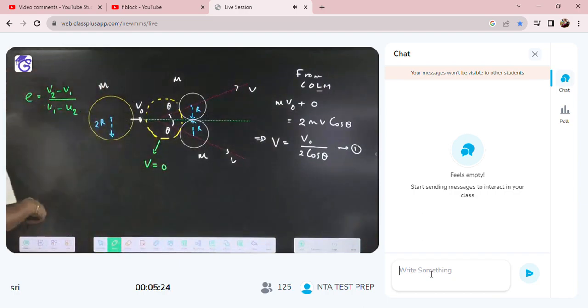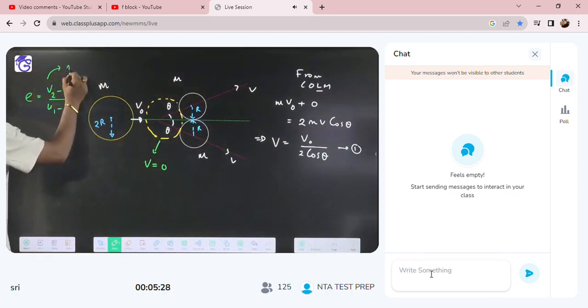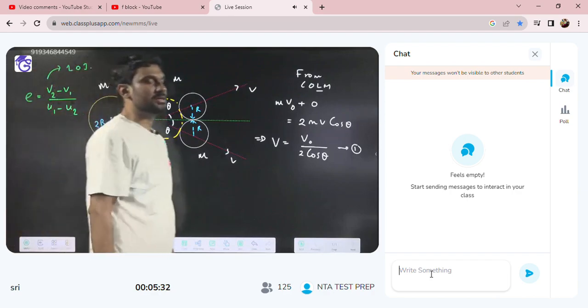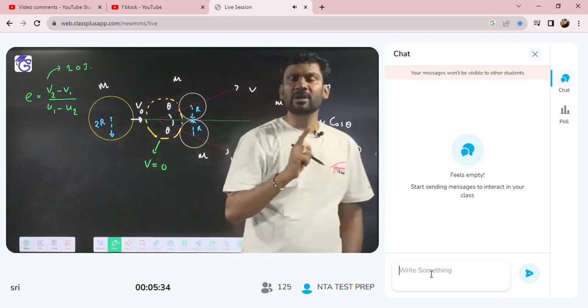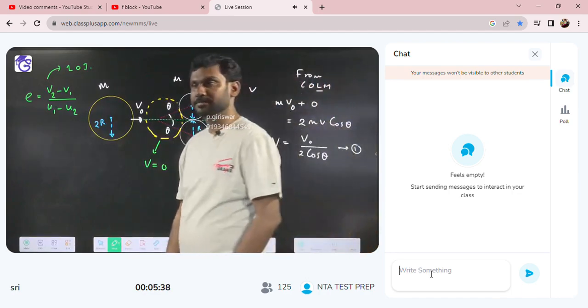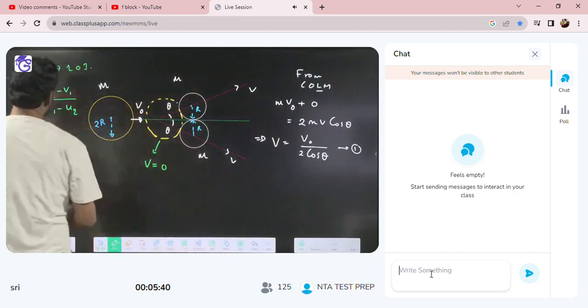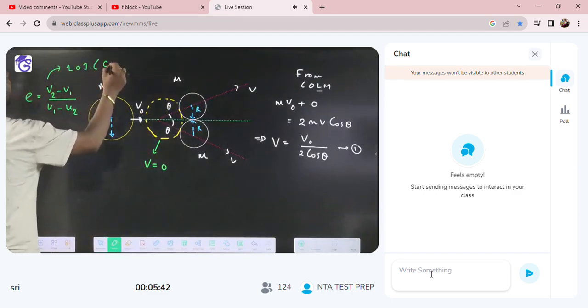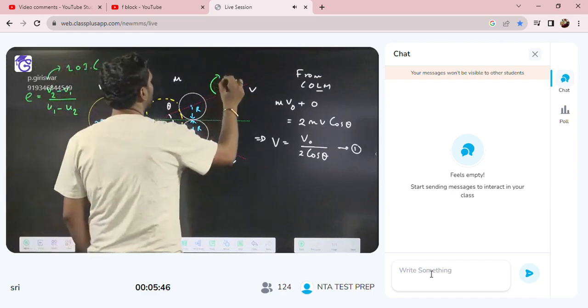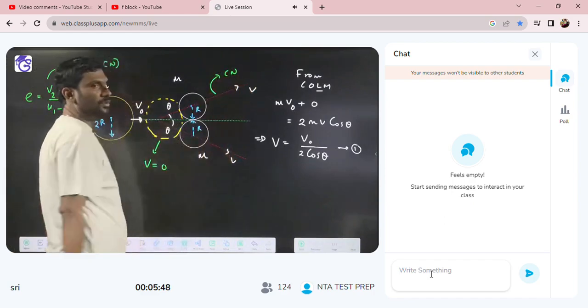That is more important. This is strictly along the line of impact. We cannot have this in any other direction. We have to apply this equation only along the line of impact. What is the line of impact? Line of impact is the common normal. This is the common normal.